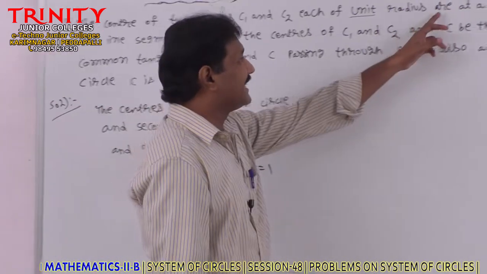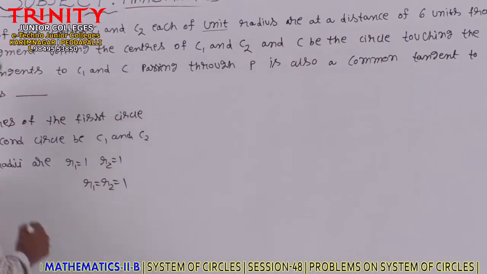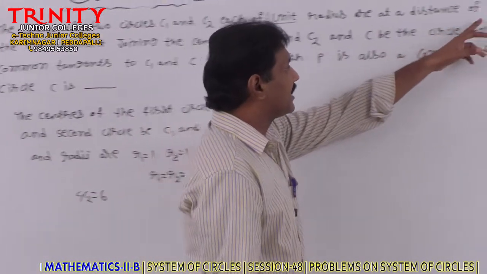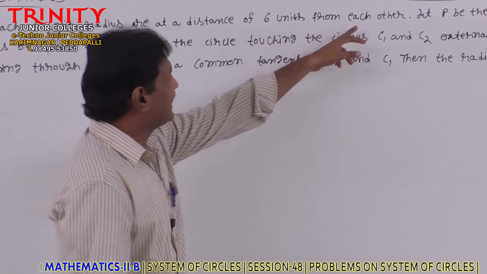At a distance of 6 units, that means C1C2 equals 6 units from each other.